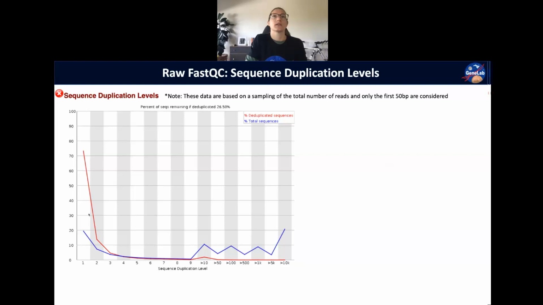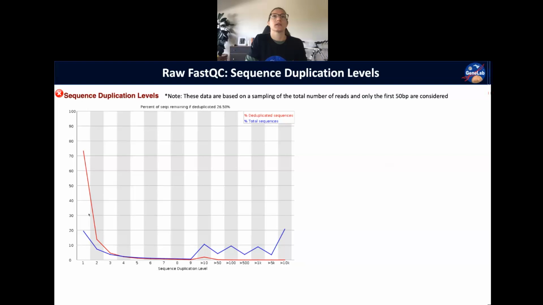The reason it does this is because if the program were to analyze the full sequence length, every single read in your sample, and take into account UMIs, it would take a lot of computation. So FastQC is really just trying to get you some idea of your duplication level in this very limited fashion.